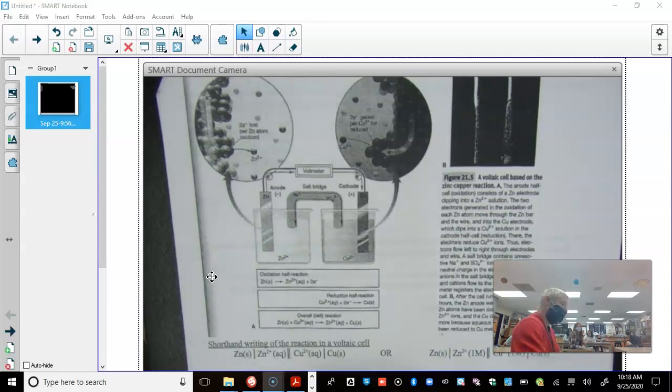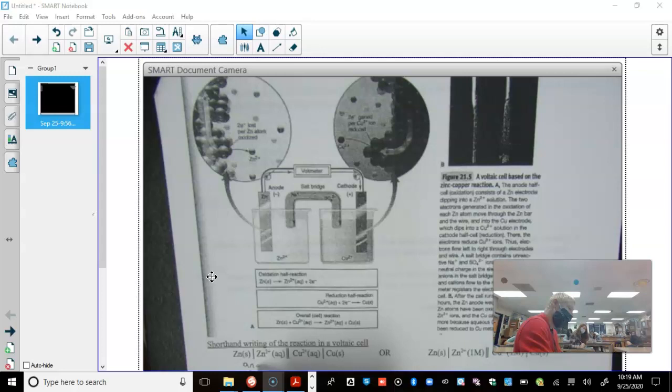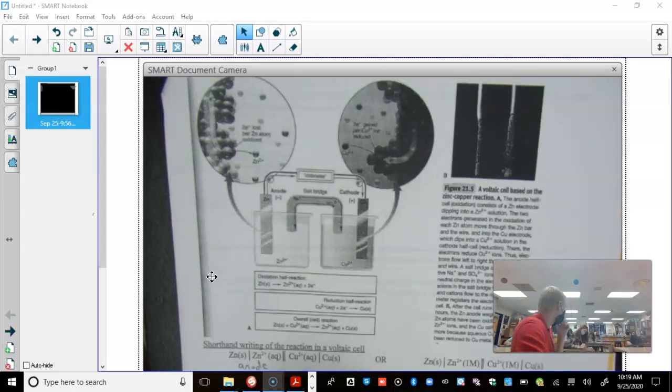And if you forget that, these are all the words that basically summarize what I said. So the anode is written first. Actually, yeah, you might want to write anode first. Anode, is that negatively charged or positively charged? Negative. And is it oxidation or reduction? Oxidation. You got it. To the left of the cathode, the reduction half cell.